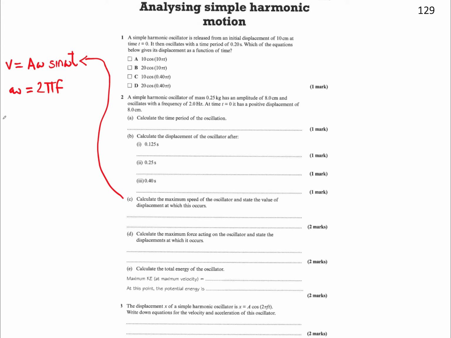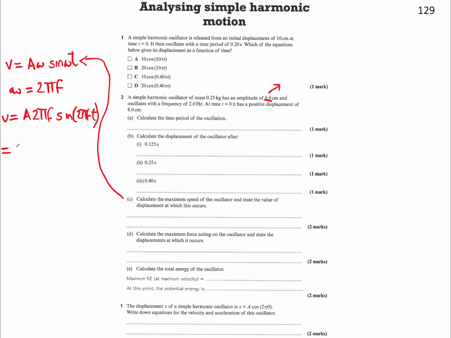So you substitute these values in there: v equals A 2 pi f sine of 2 pi f t. We want to do this in meters per second, so we need to change this into meters. We could leave it in centimeters potentially, but we'll put it in meters.